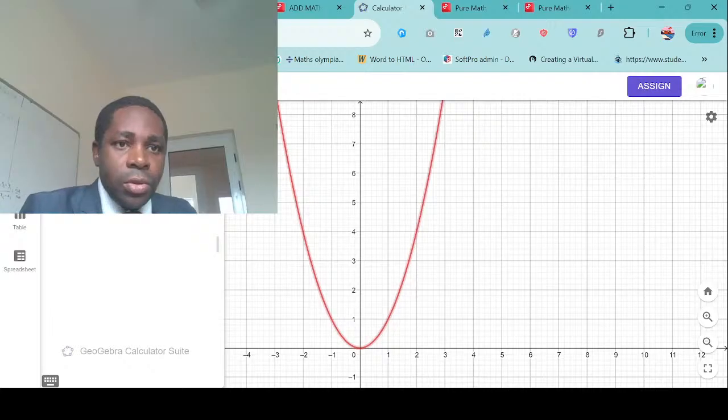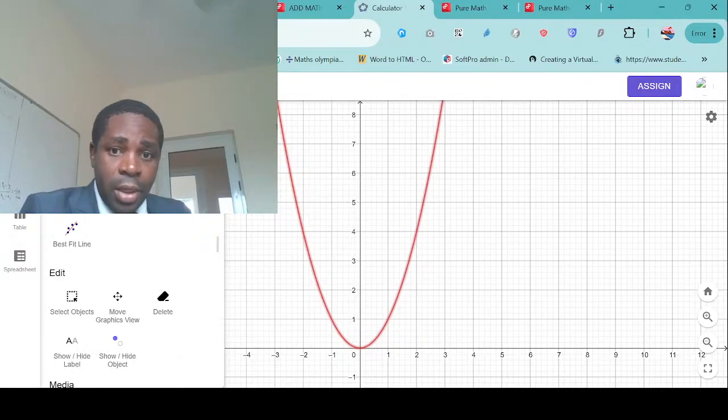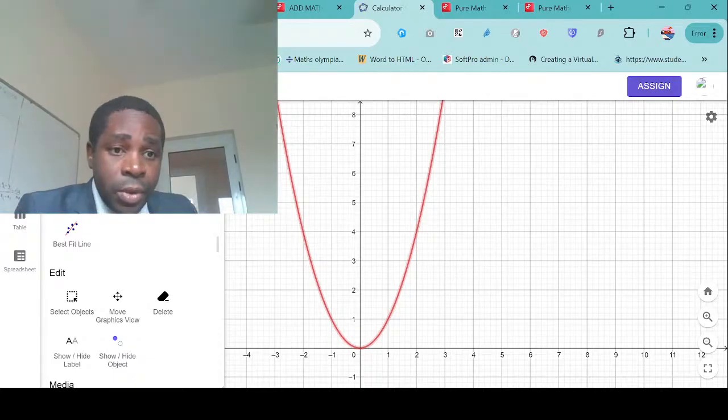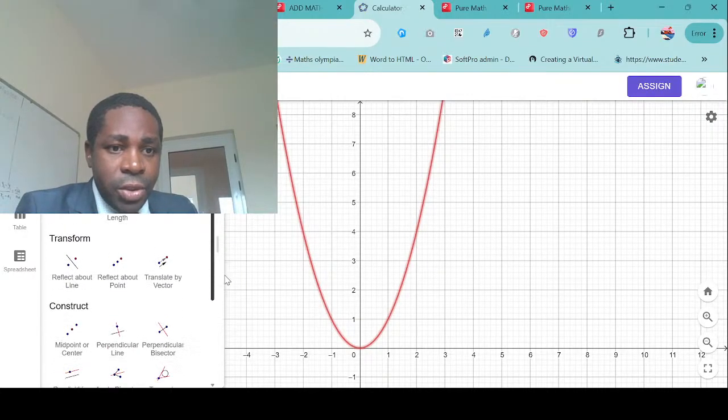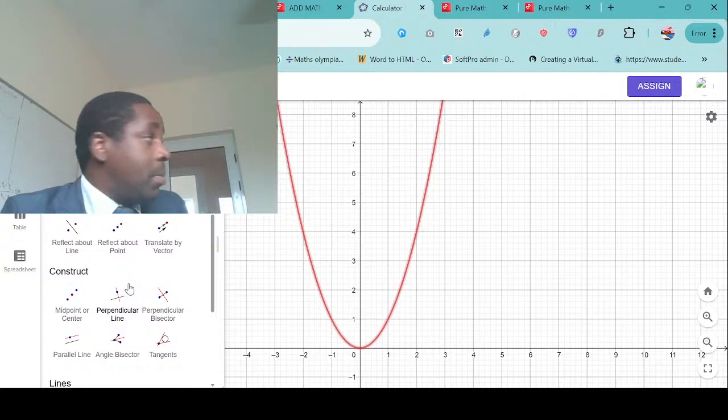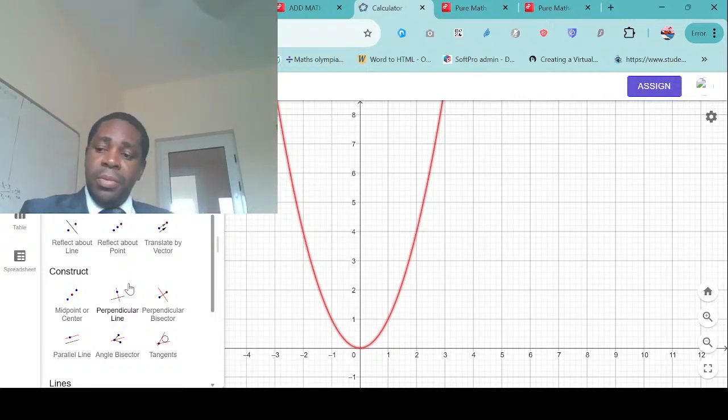So I'll go to tools. Please pay attention. Then I'll pick a line that goes from 2. Usually it's better to use what we call a perpendicular line, so let me pick this one.